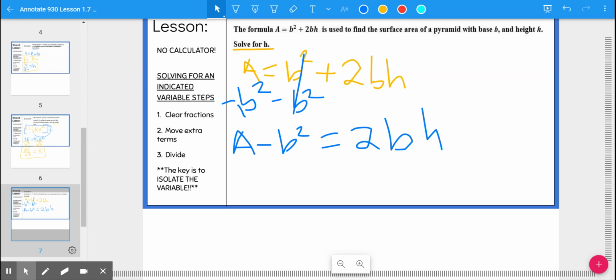So now we need to undo multiplication. So we are going to divide everything by 2b, because again, we want to solve for h, because that is what the problem is asking us to do.